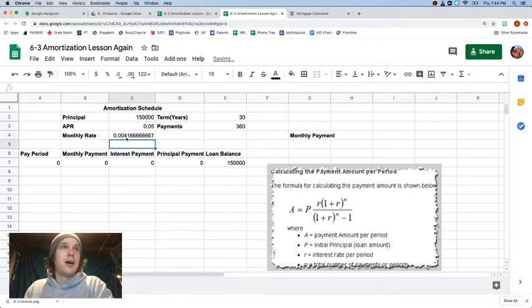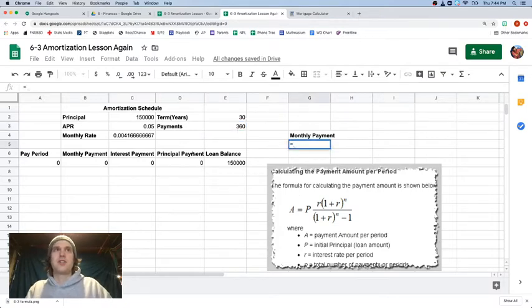So our monthly rate is about 0.42%. That's this letter R. It says the interest rate per pay period. And then N is the total number of pay periods. That would be 360. So let's go ahead and plug this equation in.